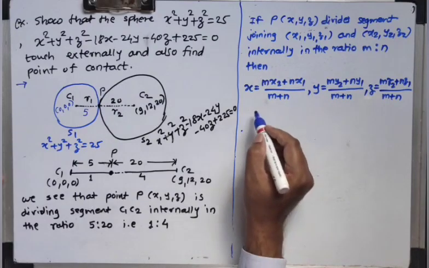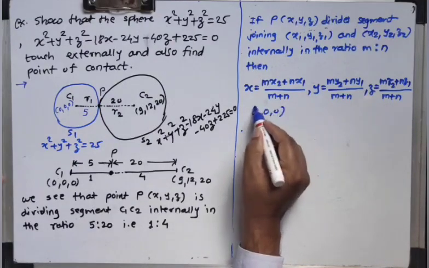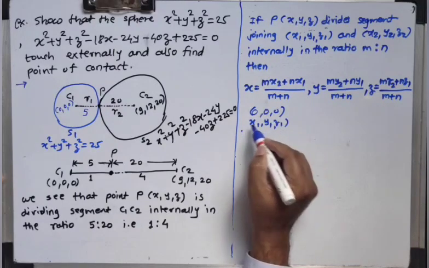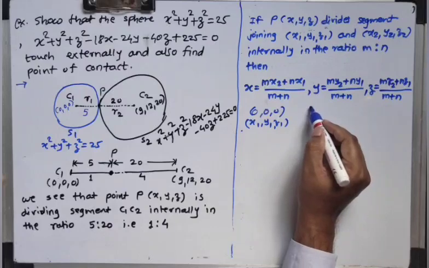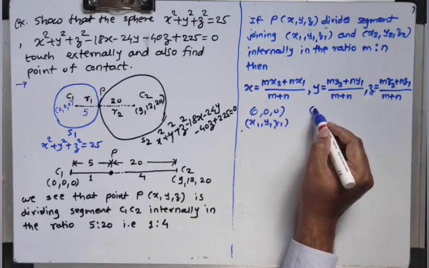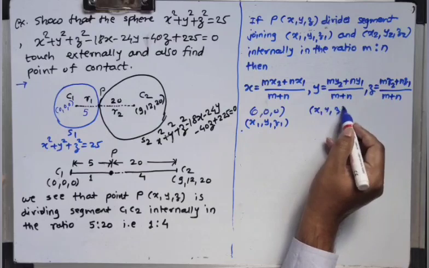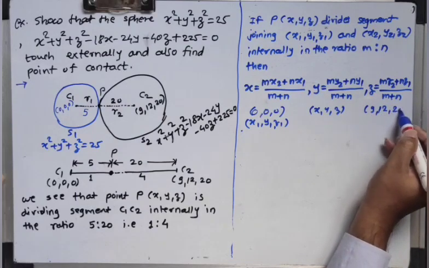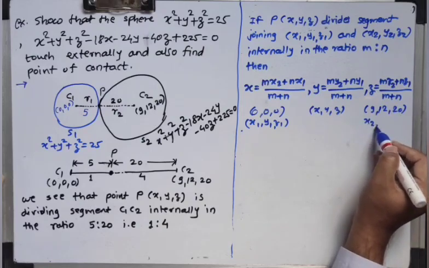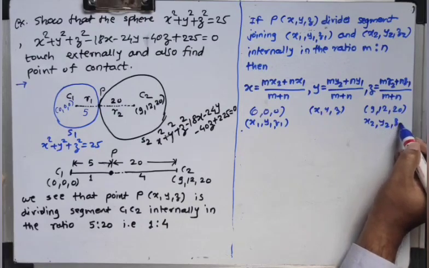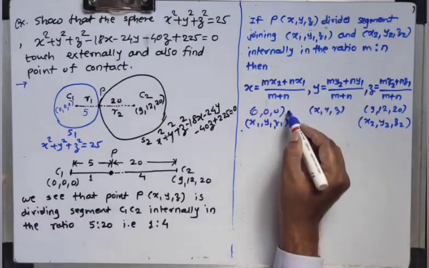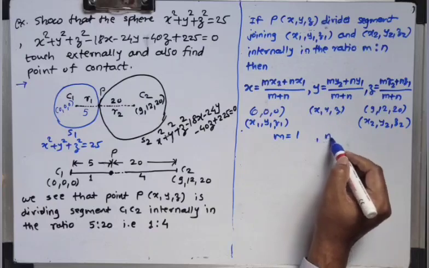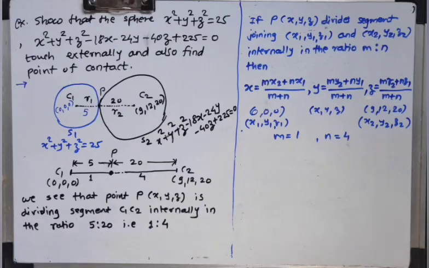So here in the example, this point 0 0 0 we are treating as x1 y1 z1. Point P is x y z, and the point 9 12 20 we are treating as x2 y2 z2, and m is 1, n is 4.